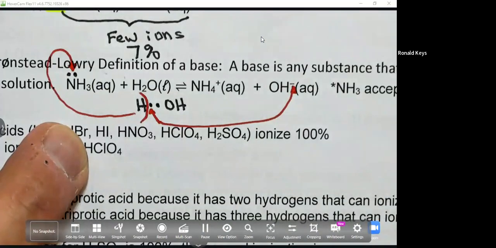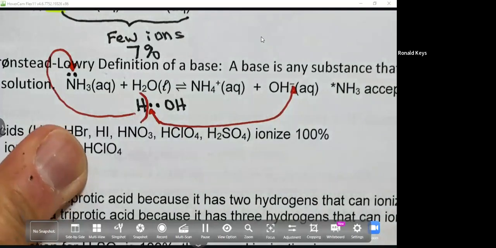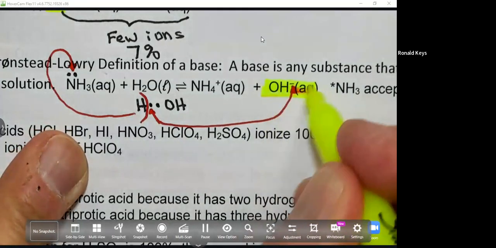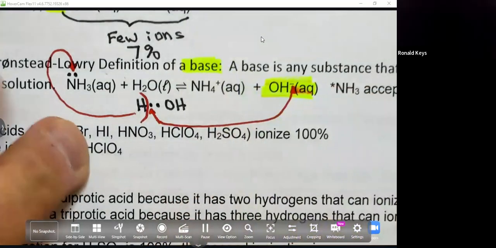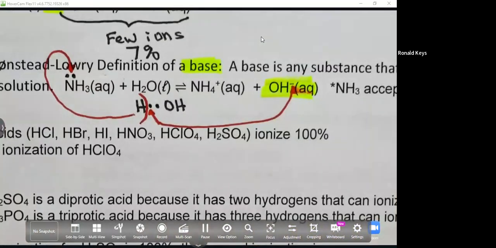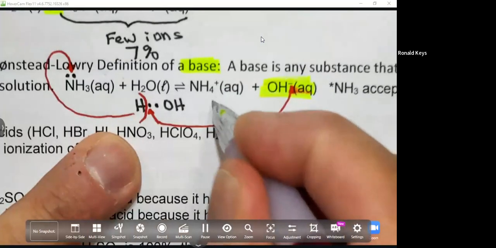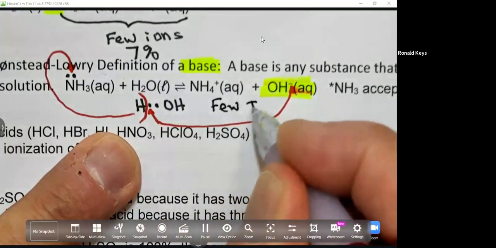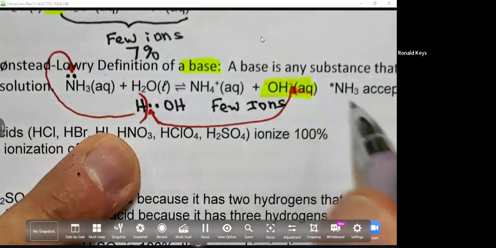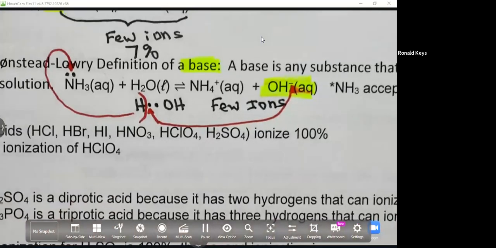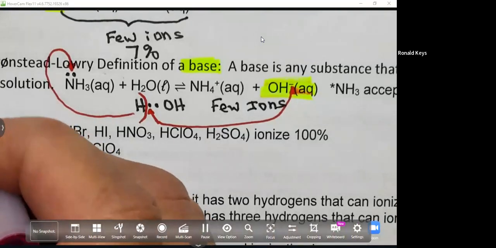Now, if it's acting as a base, you better get OH minus. We have reversible arrows here, correct? How many ions are we going to get here? Not very many. We get a few ions. Few ions. This is a weak base.